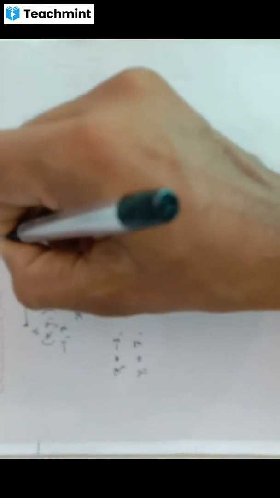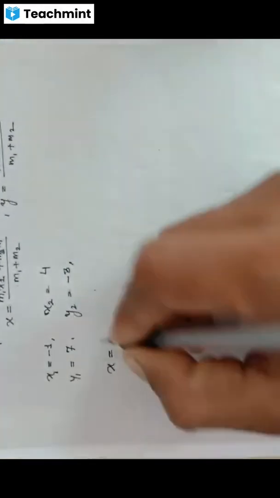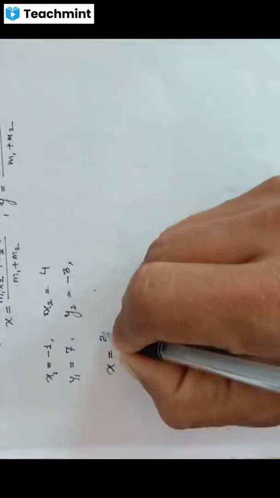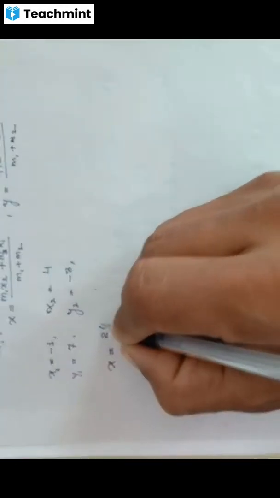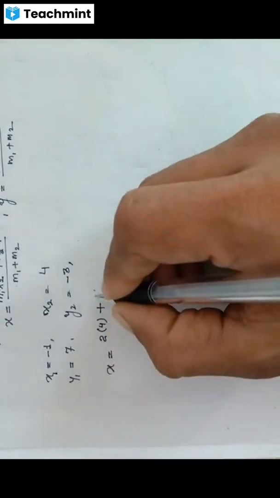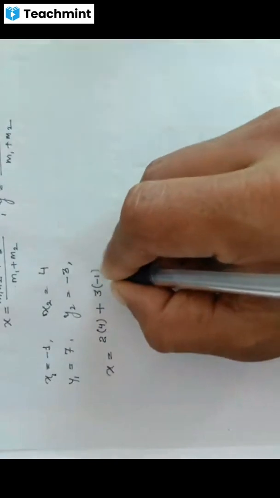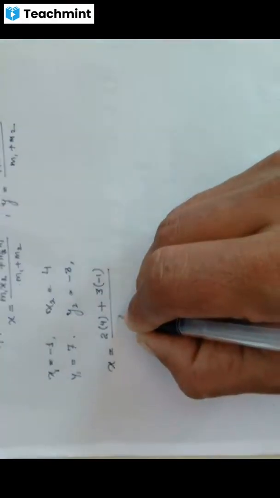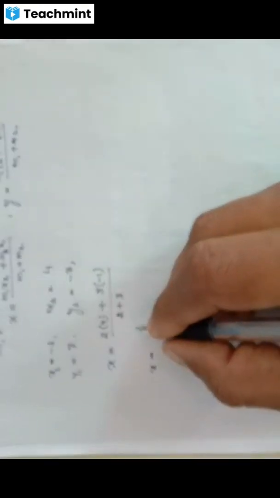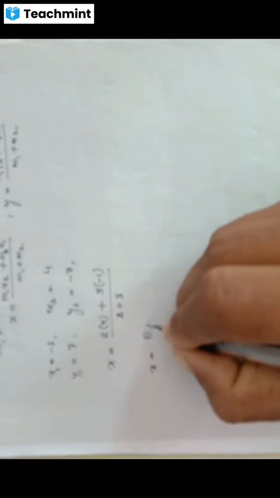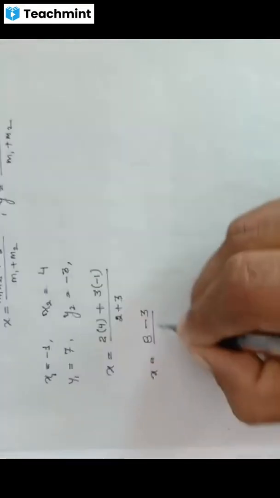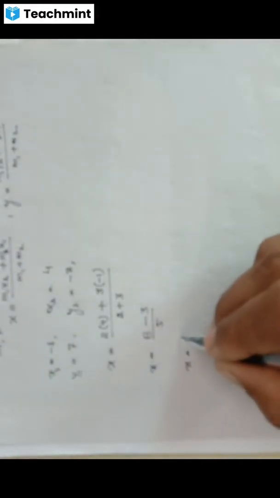On this basis the formula is: m1 is 2, x2 is 4, plus m2 is 3, and x1 is -1, upon m1 plus m2, 2 plus 3. So x is equal to 2 times 4 is 8, then 3 times -1 is -3, upon 5. Is it clear? So x is 8 minus 3, that is 5 upon 5, and x you will get 1.